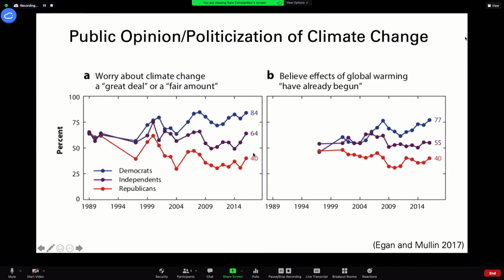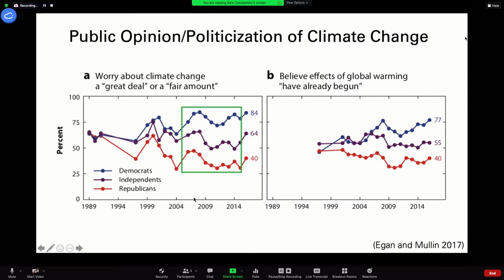I'll show you some more contemporary data points, but the trend in general continues, although there have been some recent positive increases on some measures where the gap is closing, especially on belief in global warming and belief in climate change. But there are others, for example, policy support, which we'll look at, where the gap has actually continued to widen.